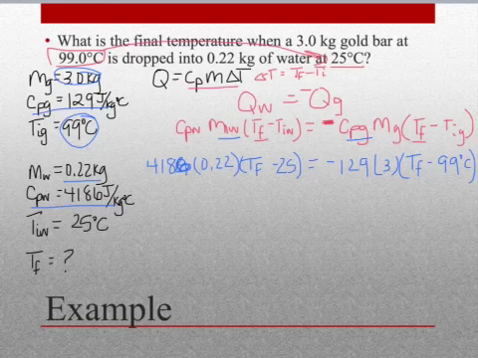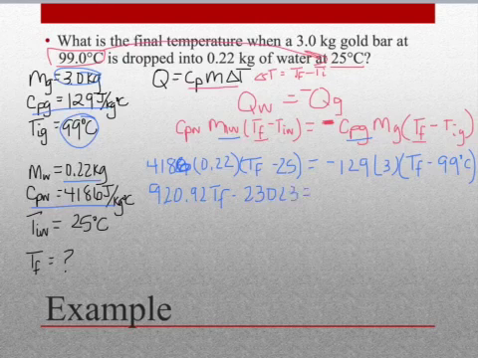So what I'm going to do here is multiply these out times the F and times the minus 25. These two times F times the minus 99, and I'm just going to write out those numbers here for you. So those numbers end up being 920.92 TF minus 23,023.